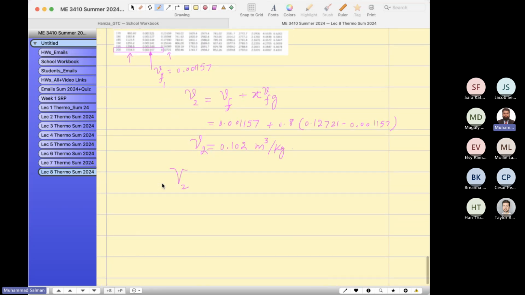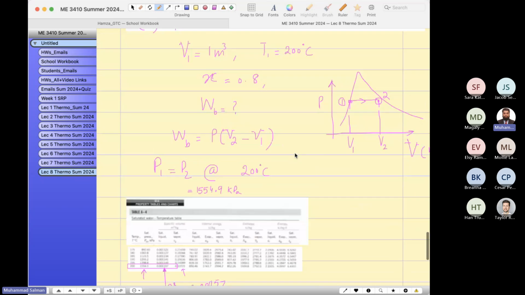So how can you find out the mass? Let me show you. The mass, you know that specific volume is big V divided by M. So that means M equals big V1 divided by small v1, which is Vf1. So big V1 is 1 meter cubed.